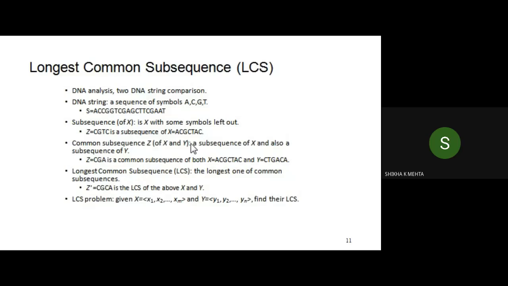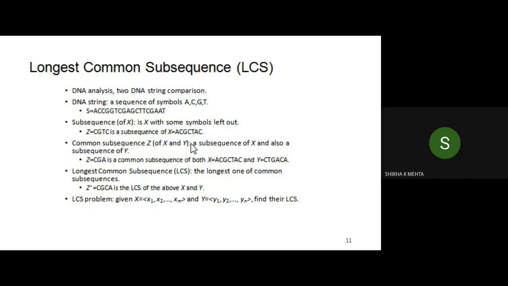So where is C? We have C, yes, that is there in the X. After C we have a G, yes, it is there. Then G is followed by T, but that is not consecutive, it is at some point after C. Then T is followed by C. Similarly, C is coming after T. There may be any number of characters in between, but it is followed by C. So we are looking for a subsequence like this.